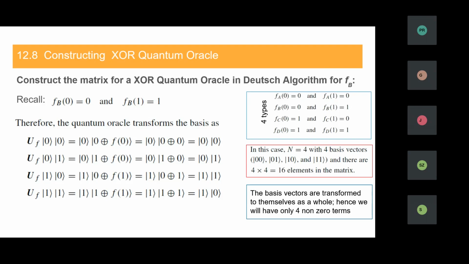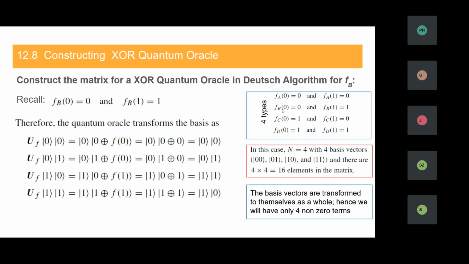The first implementation, function A, is a scenario where for a 0 it gives a 0, for a 1 it gives a 0. The second type could be called function B, which behaves in such a manner that for a 0 it gives a 0, for a 1 it gives a 1. So these are the 4 different types of implementations possible. So let us implement for FB.